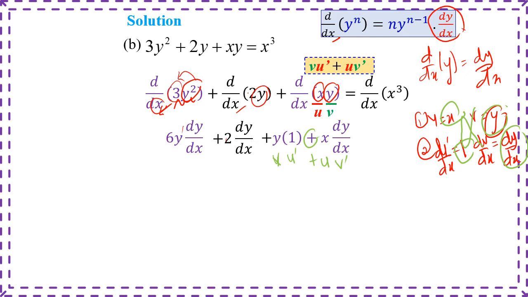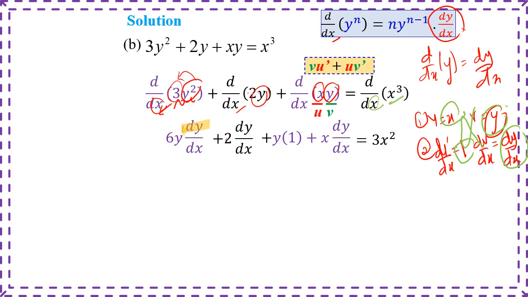So how about the fourth term? Differentiating x cubed with respect to x, directly applying the basic rule, we get 3x squared. So now we have differentiated everything, and what we want is dy/dx. So you have to group together the dy/dx terms. Which ones have dy/dx?